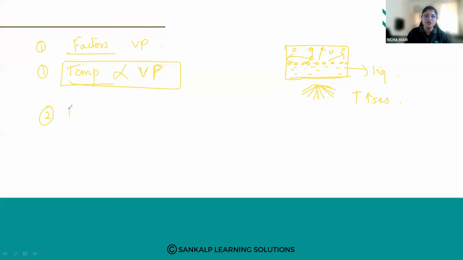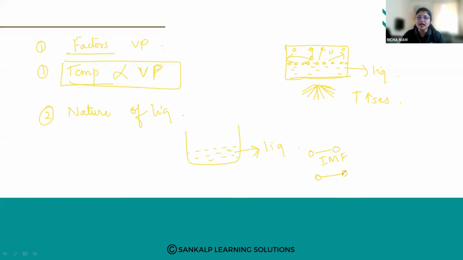Then second is nature of liquid. Now what is nature of liquid? Suppose again I take the liquid. Whether the molecules are weak or strong, depending upon the liquid: if the intermolecular forces between the molecules are weak, then these molecules can be easily broken.